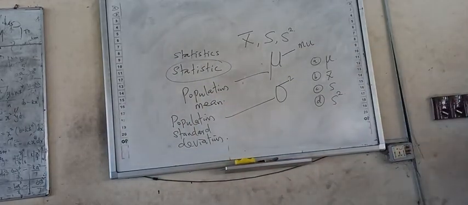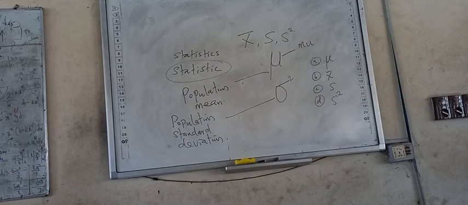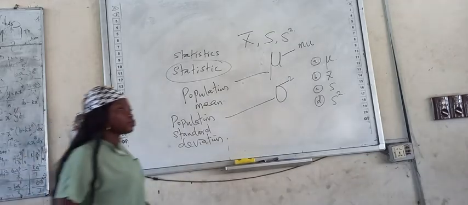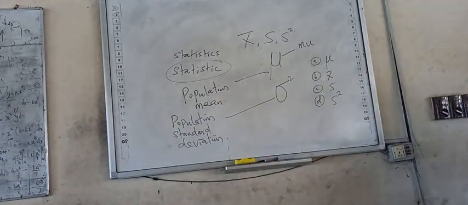Please take note. Apart from the examples I've given, anytime you see an inequality sign used in statistics, the variable you are dealing with is continuous. Anytime you see greater than or less than used in statistics, the variable you are working with is a continuous variable.